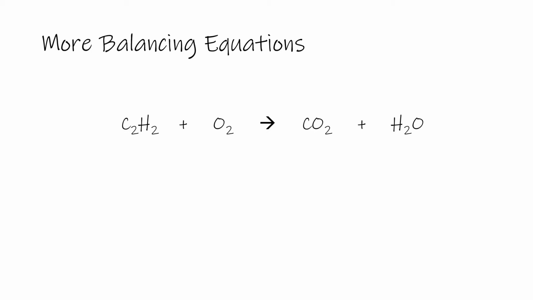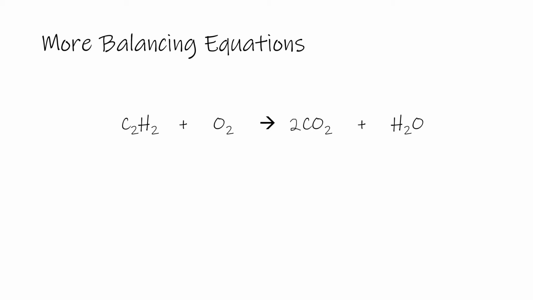We'll start with carbon. On the reactant side, we have 2 carbons. So I can put a coefficient of 2 in front of carbon dioxide. That gives us 2 carbons. Water has 2 hydrogens, and from our reactant C2H2, we have 2 hydrogens. So hydrogens are balanced as is. Now let's count up all of the oxygen that we have on the product side.